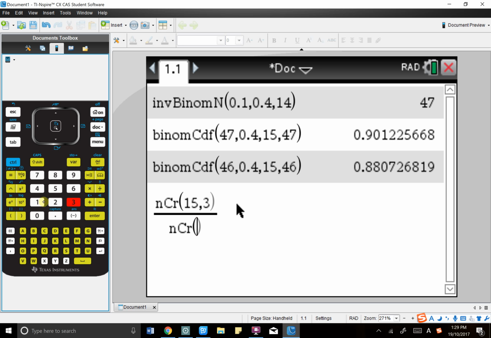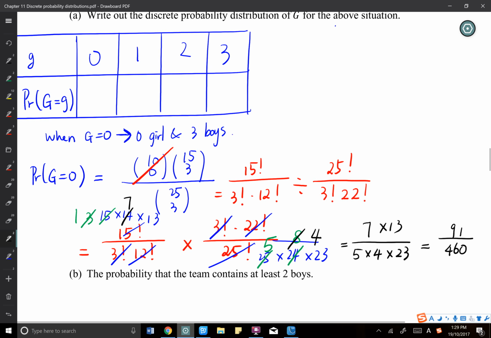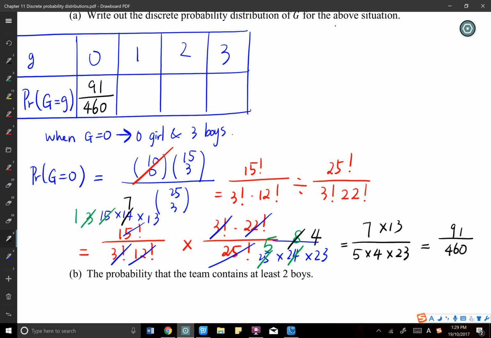Oh, really? Great! Get it. Very exciting. Well, you shouldn't do this by hand. I just want you to practice the formula once. We'll do the calculator approach later. But when G equals 0, the probability of getting that is 91 over 460. That's the probability.